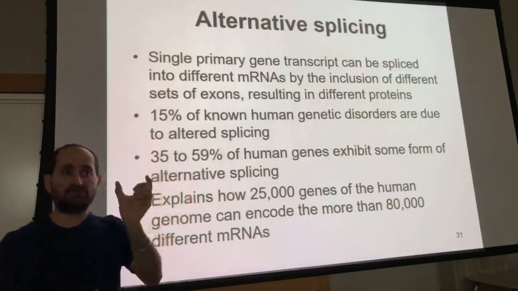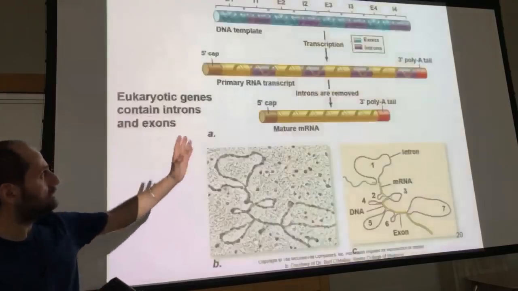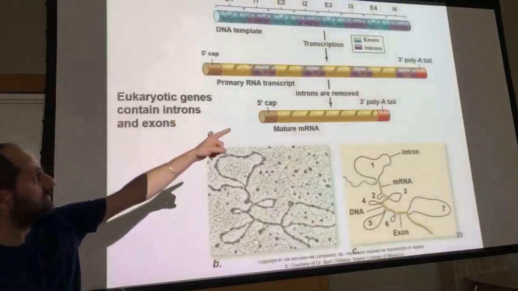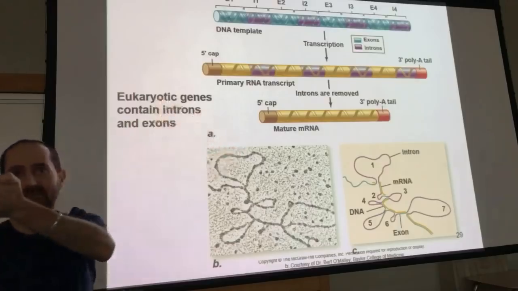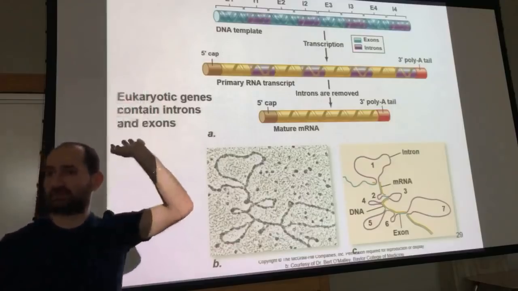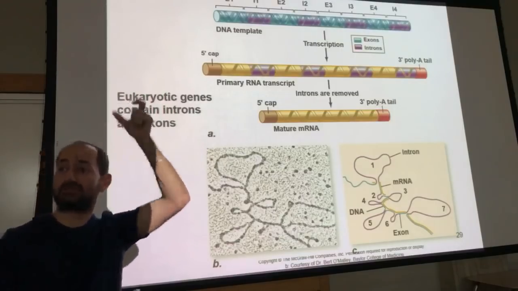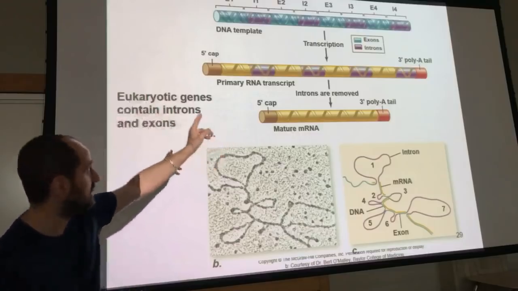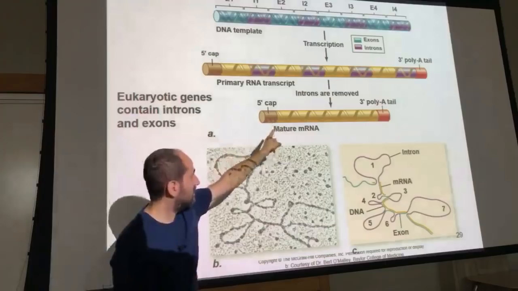For example, one way of splicing is putting exon 1, 2, 3, and 4 right next to one another. But an alternative to that would be, what if I left exon 3 out completely? What if I splice that out? Well, then I would have a mature mRNA that has exon 1, 2, and 4.